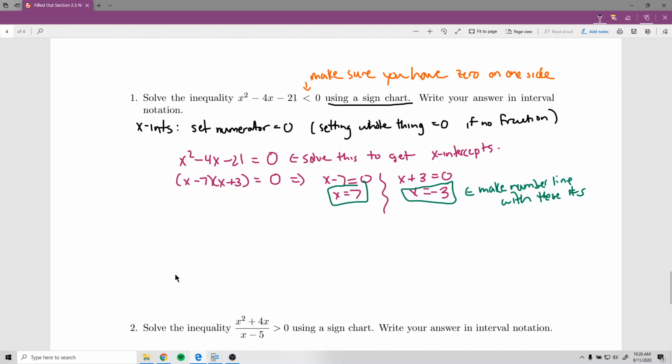All right, we don't want to add in any other numbers at all, just mark off negative 3 and 7. If you have a habit of putting in 0 in there, just to have it, don't put 0 in there, just plug in these two things.